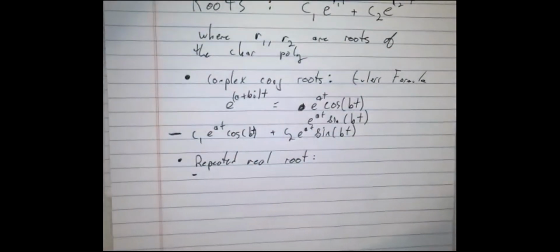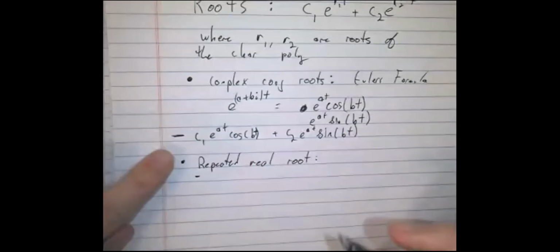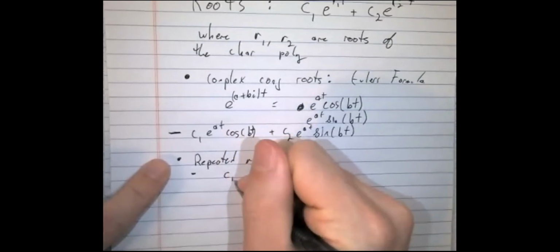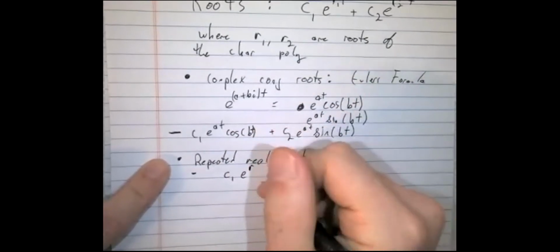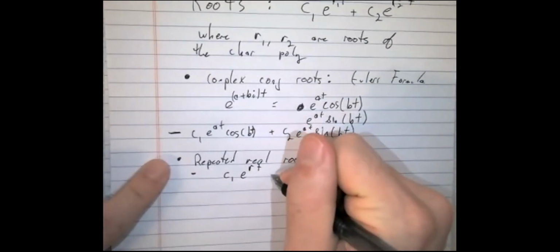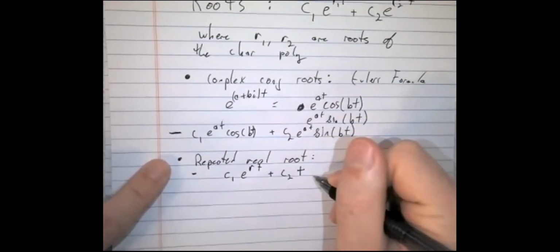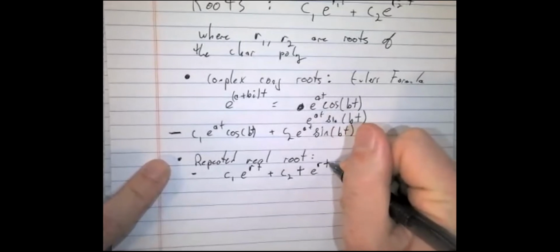That is definitely the general thing to keep in mind, but the general formulation is very explicit. It's going to be c1 e to the rt, where r is the root of the characteristic polynomial, plus c2 t e to the rt.